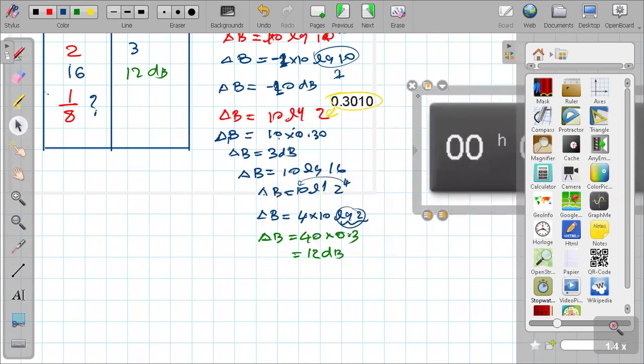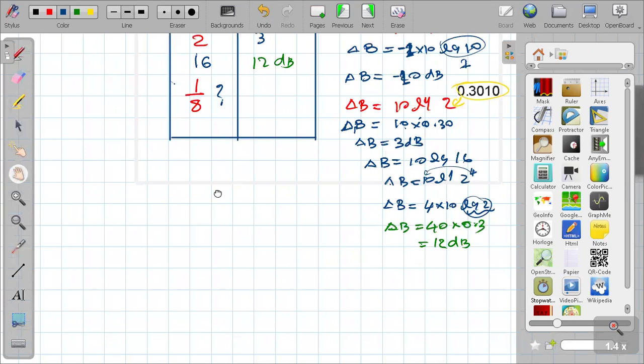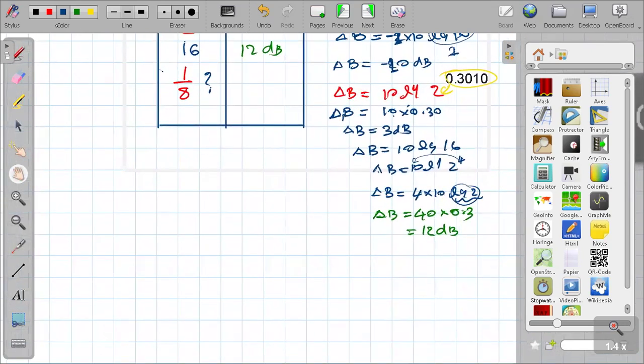Sir, I thought it is Brinda 2, not Brinda 1. So first of all, let me know whether you are Brinda 1 or Brinda 2. Brinda 1, sir. Then you made a big mistake.